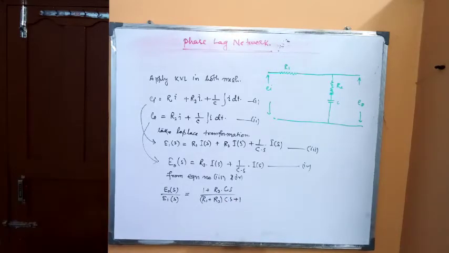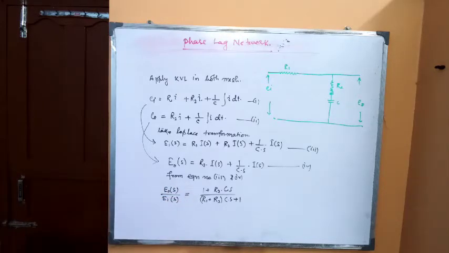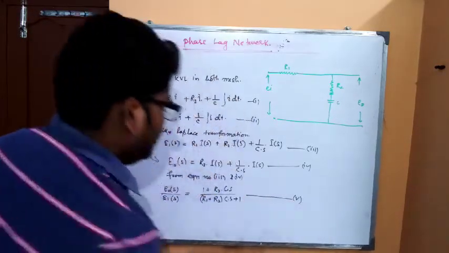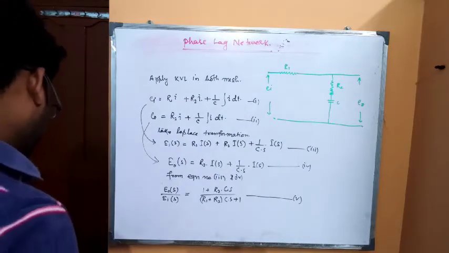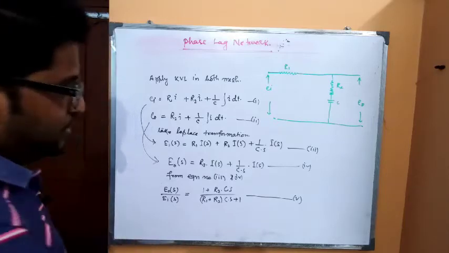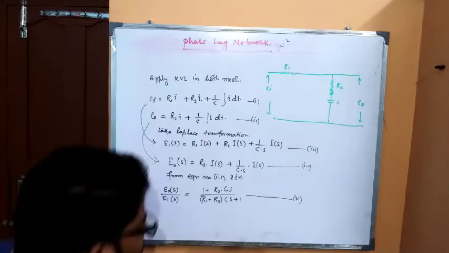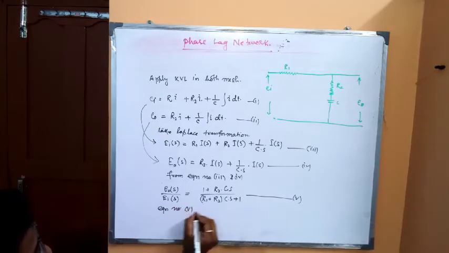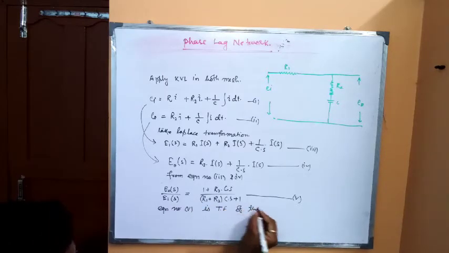We got this expression from equations 3 and 4, and we consider it as equation number 5. Note it down that equation number 5 is the transfer function of the lag network.